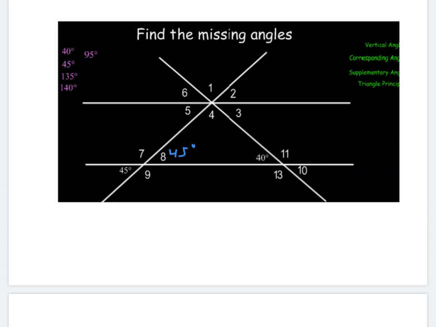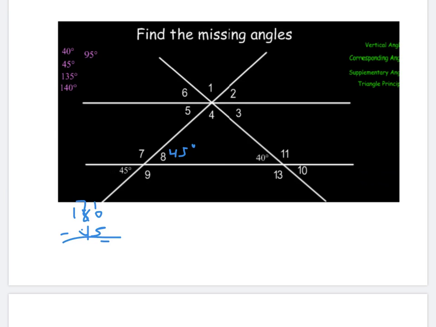Okay, so then I can find angle 7, because I know that angle 7 and angle 8 make that straight line that is directly underneath them. And if they make a straight line, that is 180 degrees, which means angle 7 and 8 are supplementary to each other, so I can subtract the 45 degrees that we know from the 180 degrees. So if I subtract the 5, I can't take it from nothing, so that becomes a 10, and the 8 becomes a 7 because we borrowed.